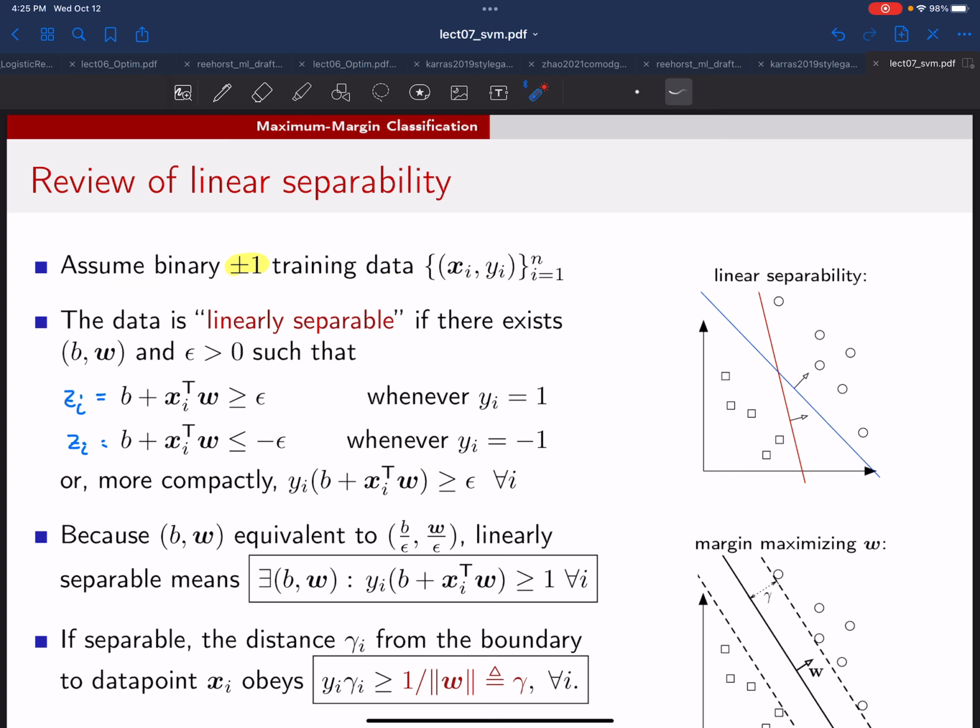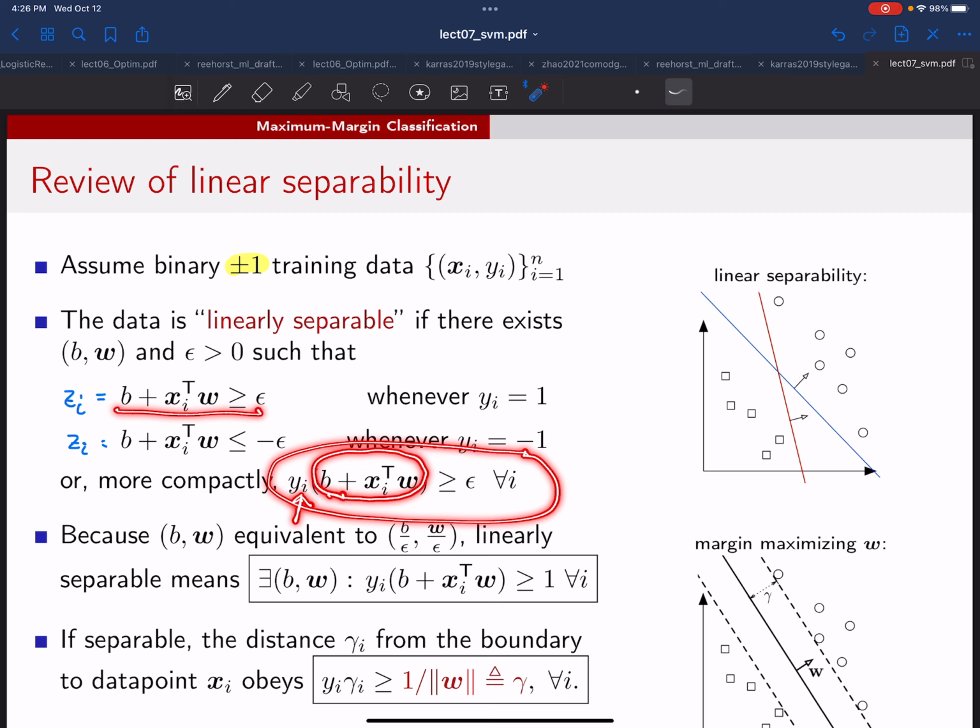Okay, so now what's nice is we can rewrite both of these just in terms of a single inequality. And you can see that by, so this is our new inequality here. Essentially, you can see that if y_i is 1 in this circled inequality, you get this, right? And if y_i is negative 1 down here, then you change the sign of this.